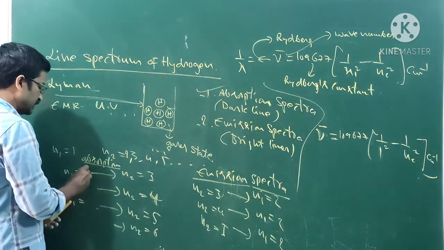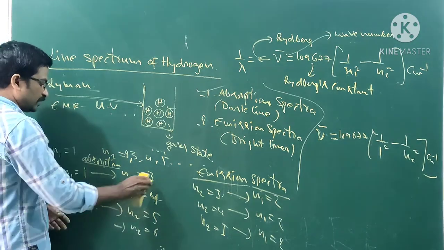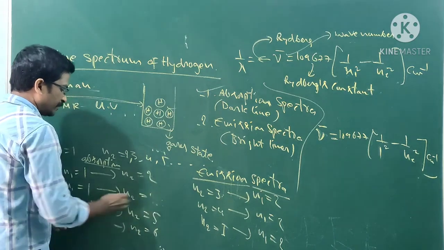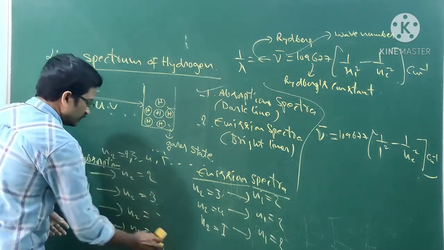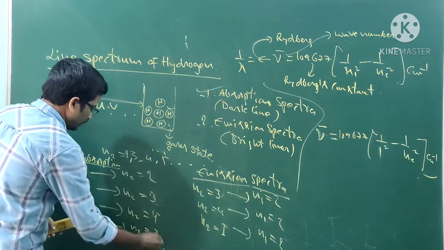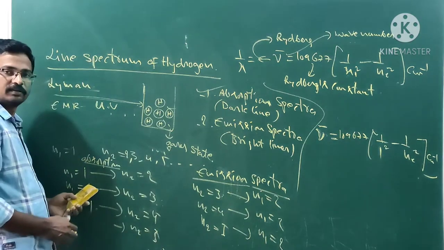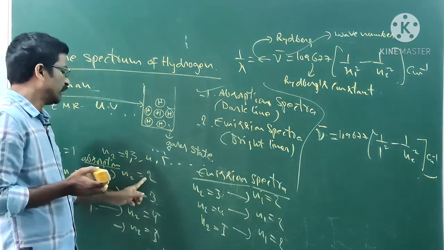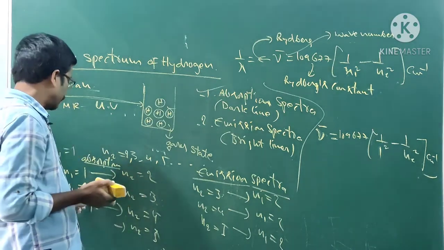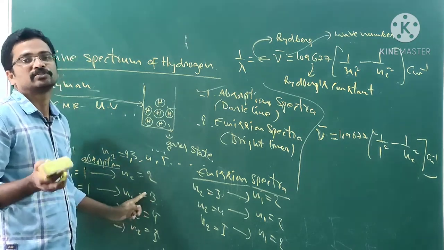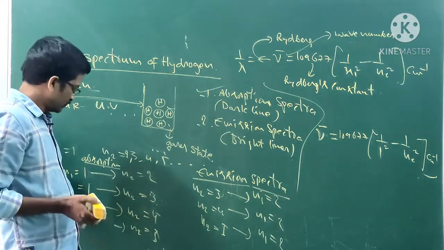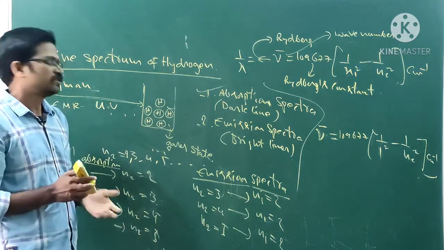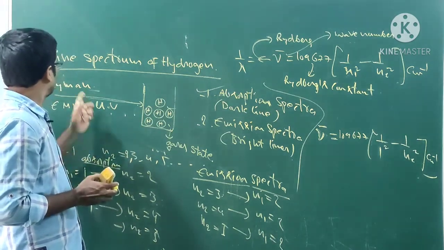The initial stage is 1, and the final stage is 2, 3, 4, 5. If the electron goes from the n1 energy level to n2, it is known as Lyman. If the electron goes from n1 to n3, it is also Lyman. The starting point is 1, and the ending point can be anything; this is known as the Lyman series.